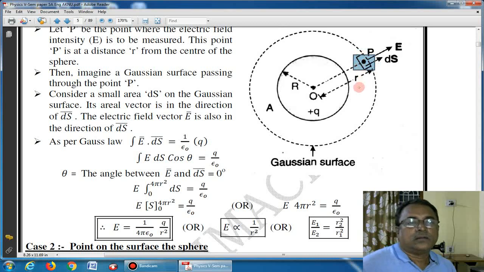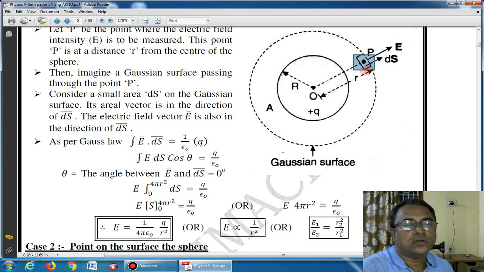And what is the areal vector? Areal vector means the vector that is perpendicular to the small area and having the magnitude or length of the vector equal to the area of this small surface.